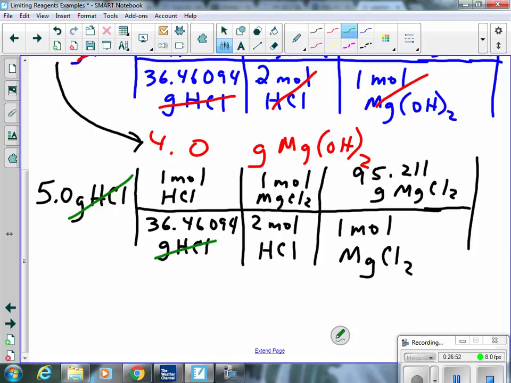Come through, make sure my labels are good. Final label is grams of magnesium chloride.